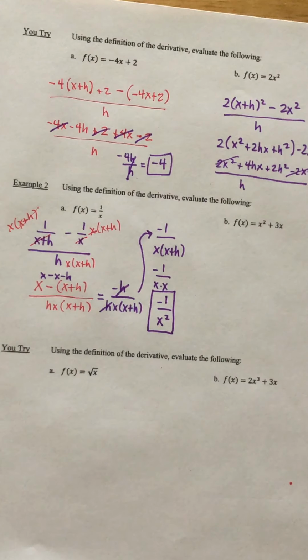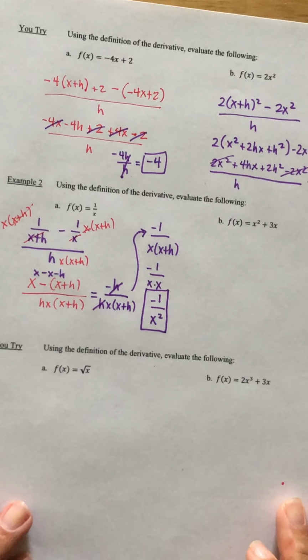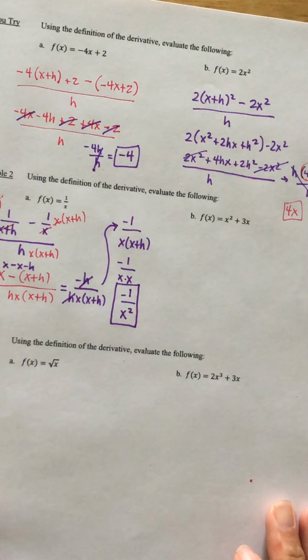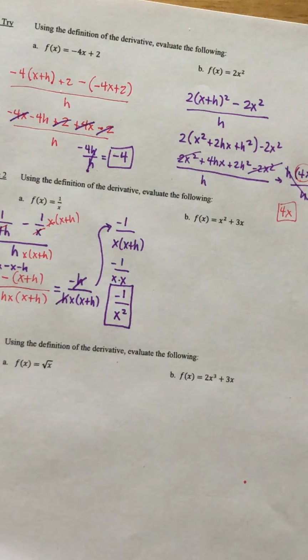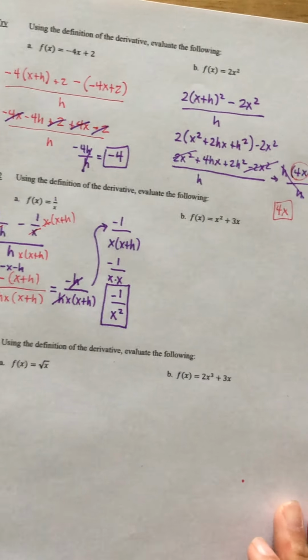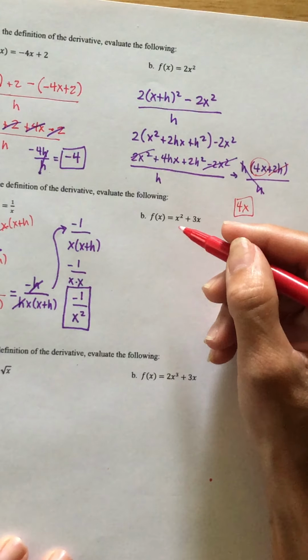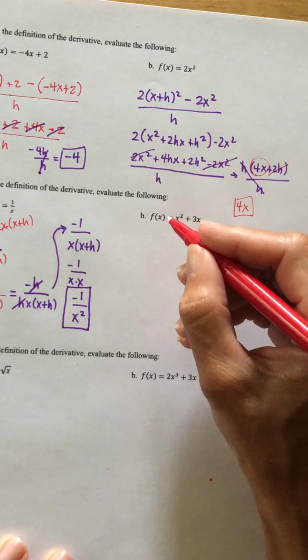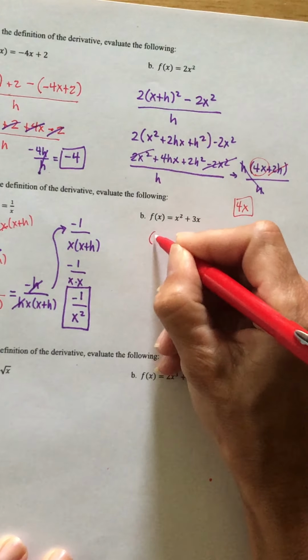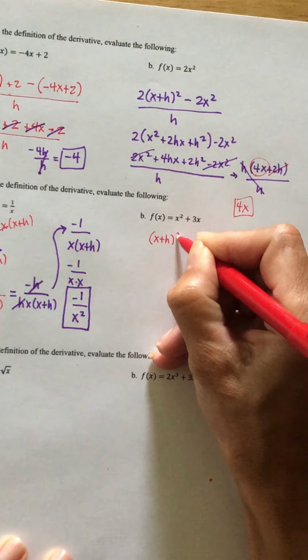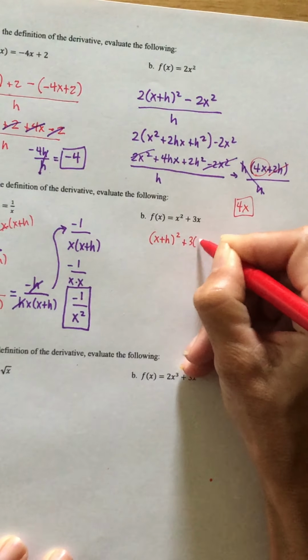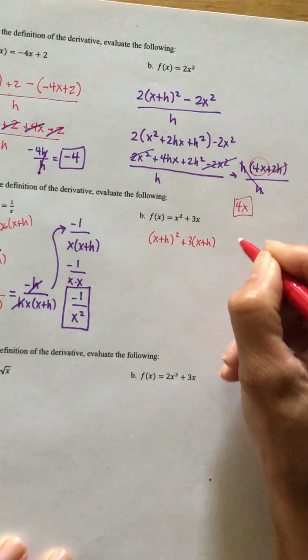Okay, so like I said, just the algebra is tricky. Okay, so that unit in Algebra 2 with complex fractions from 2 years ago is coming into play. All right, next one. Again, crazy algebra fest here. All right, so I'm going to replace x with x plus h. So I have parentheses x plus h squared plus 3 times x plus h.